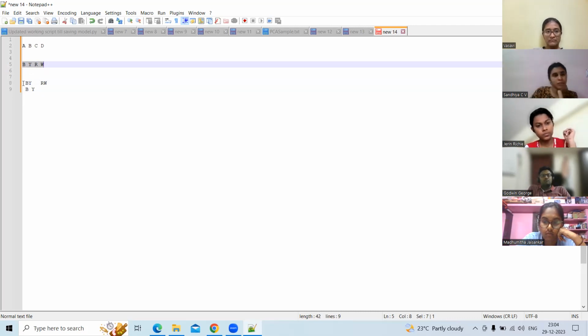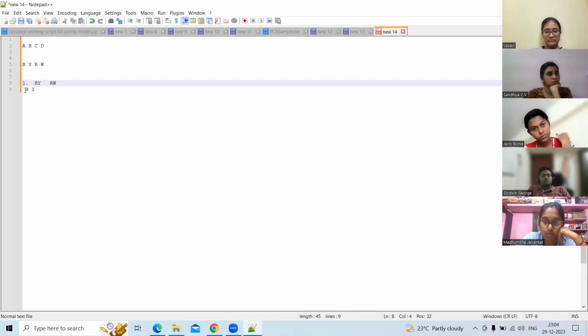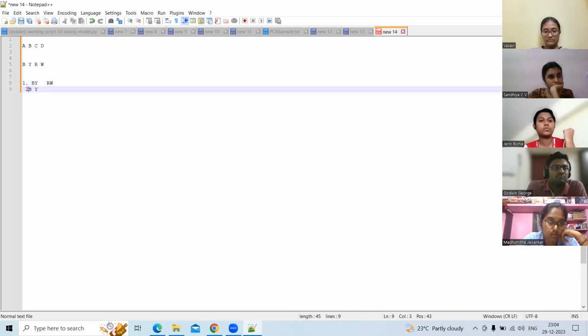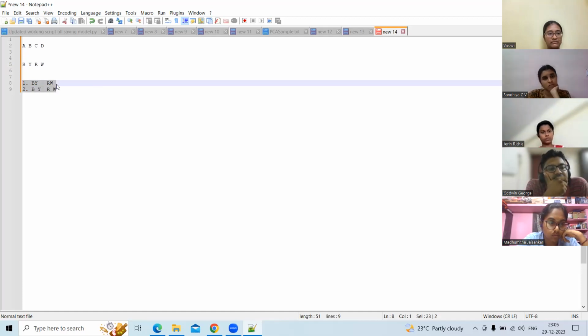As a first step, we can construct the tree in such a way that we have only 2 steps here. First step is we will verify if it belongs to blue yellow or red white. And the second step will be, if it belongs to blue yellow, then from here we can find out if it is blue or yellow. And similarly, if it belongs to red white, we can find out if it is red color or white color. So within 2 steps, you will be able to find out the information. So the tree will be like this, very simple tree with 2 branches. That's all.